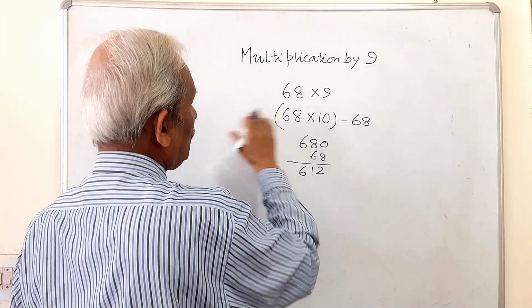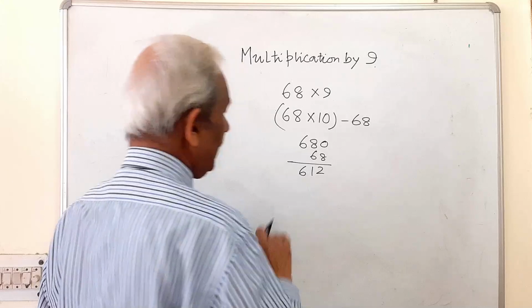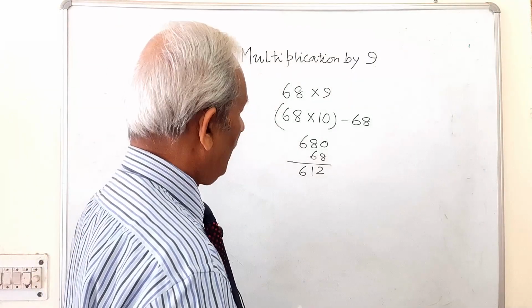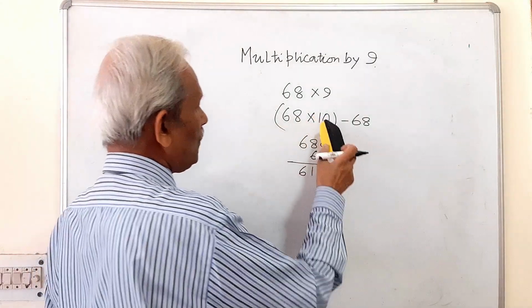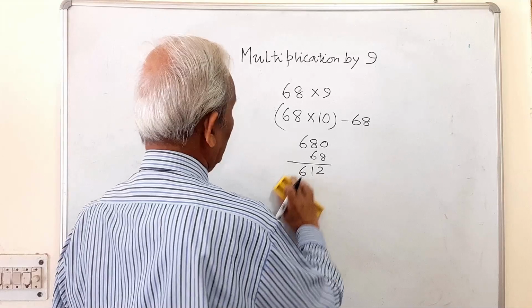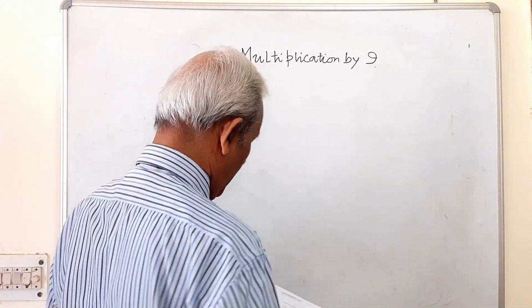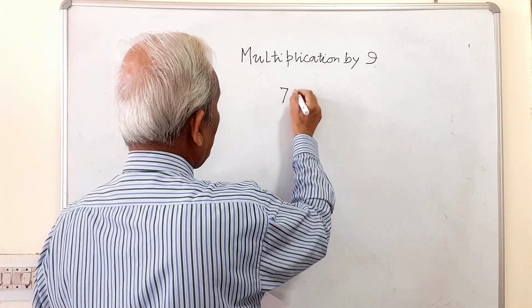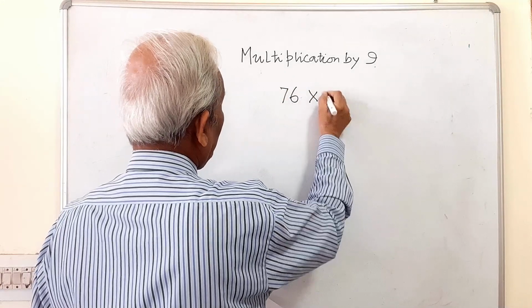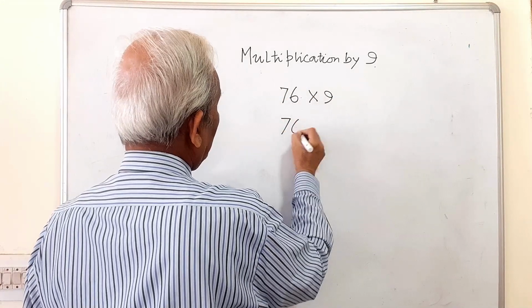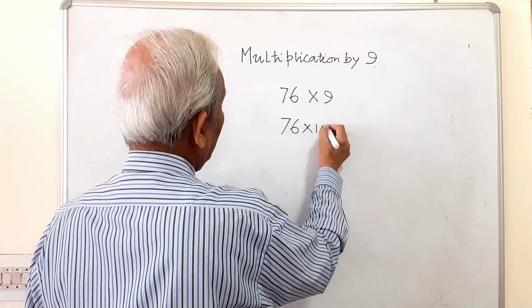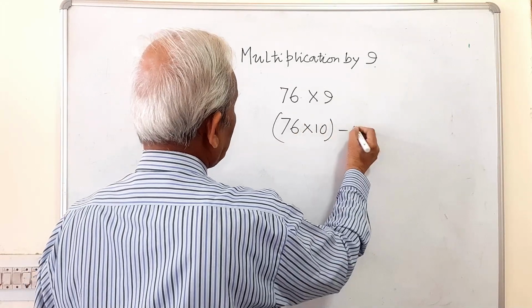That way we have reduced the process of doing multiplication. Simply we have done 68 into 10, then minus 68, 612. Quite simple. Let's have another question: 76 into 9. It can be written as 76 into 10 minus 76.